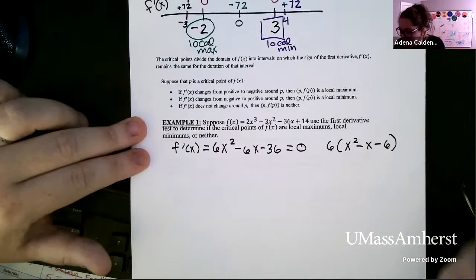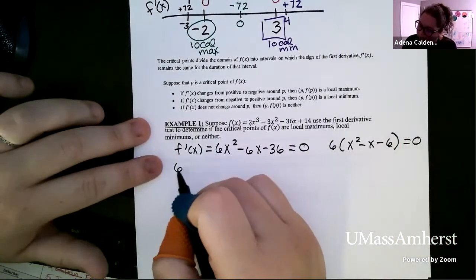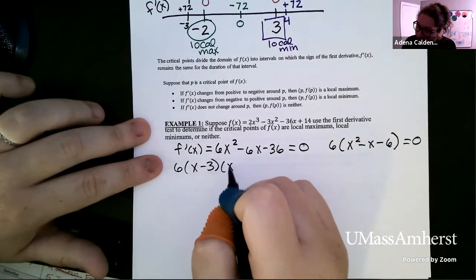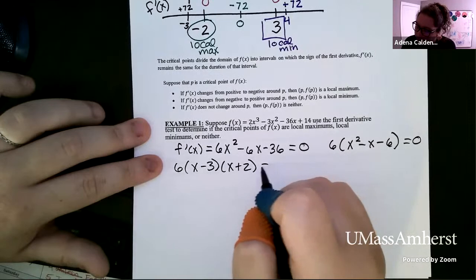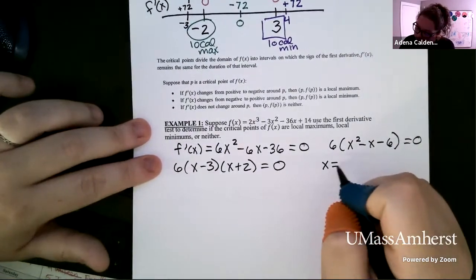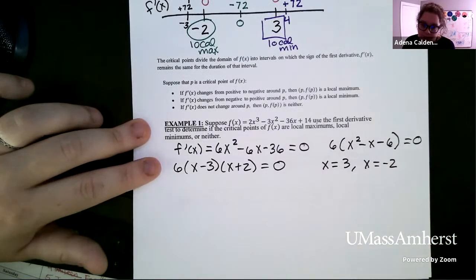Hopefully that looks familiar to you. Equals 0. So here, when we factor it, we're going to have x minus 3, x plus 2 equals 0. So our critical points here are x equals 3 and x equals negative 2.